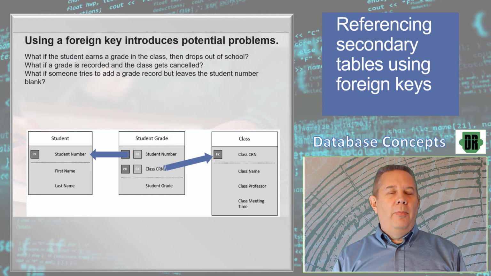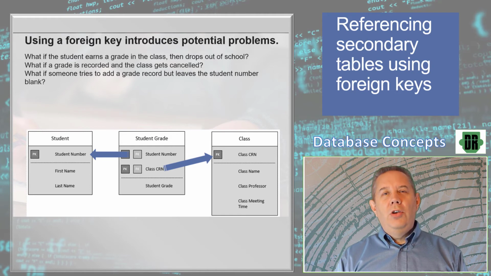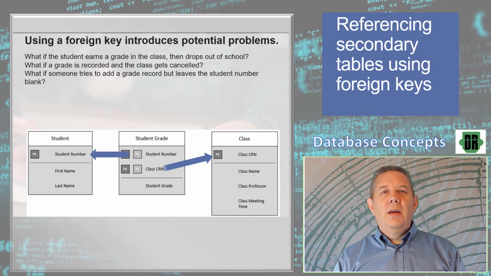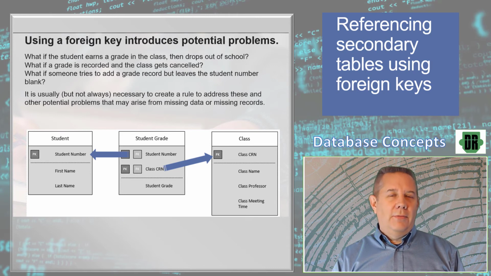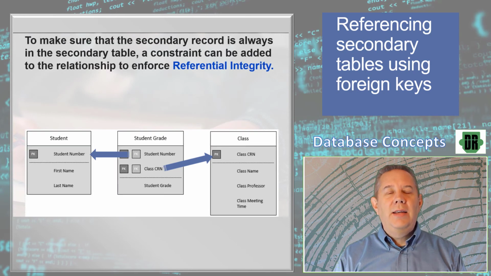All of these things are potential problems when you have references like this. So what we do is we put a constraint on the table that says you can't do those things. It's usually necessary to create a rule to address those and other potential problems that could arise from missing data or missing records. And that constraint is called referential integrity.